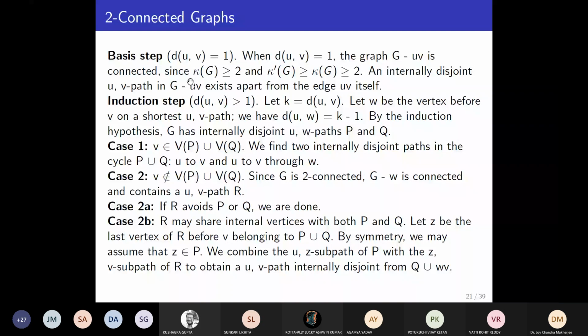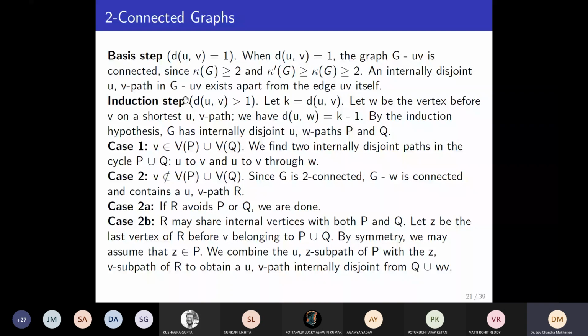So since G minus UV is a connected graph, and since kappa G is greater than or equal to 2, the vertex connectivity is greater than or equal to 2, and we know that kappa prime G is greater than or equal to kappa G. So here what I have reduced, I haven't reduced any vertex. I never deleted any vertex. I have deleted an edge.